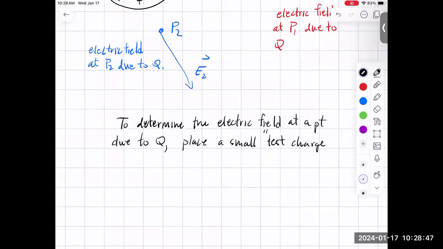We'll call it test charge Q0, and we're going to measure the force on it.